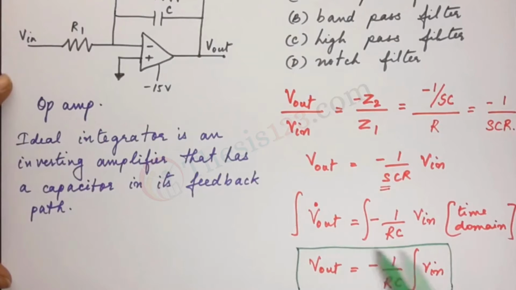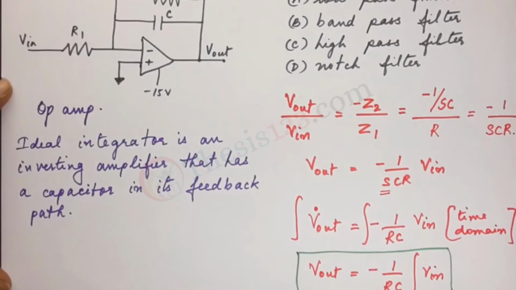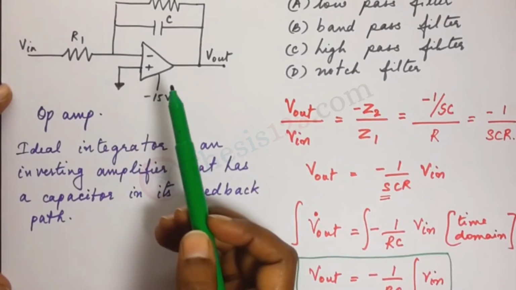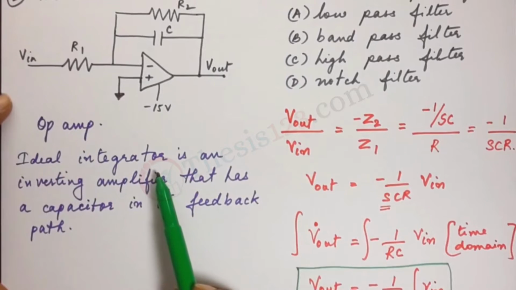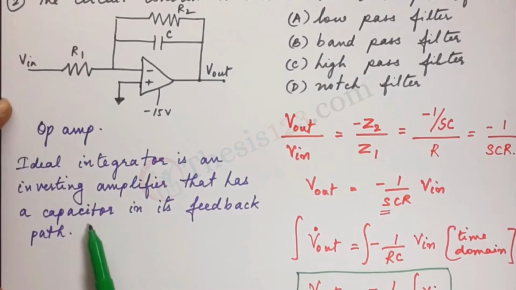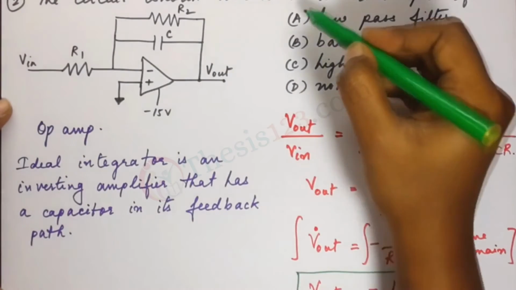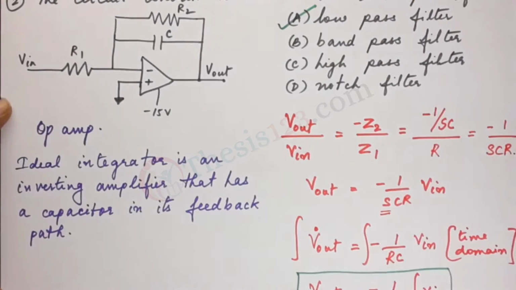So because of this equation, we see that the circuit given is indeed an ideal integrator. Now if it is an ideal integrator and has a capacitor in its feedback path, it represents a low pass filter. So that is our final answer. I hope this has helped.